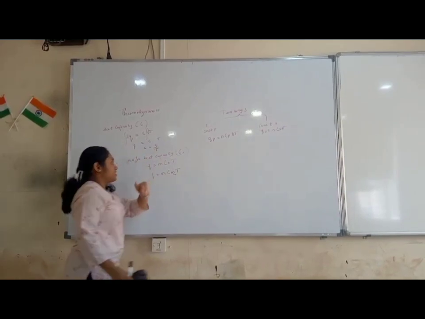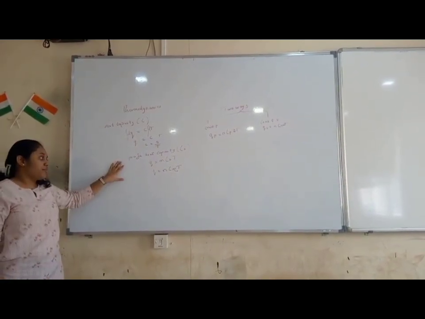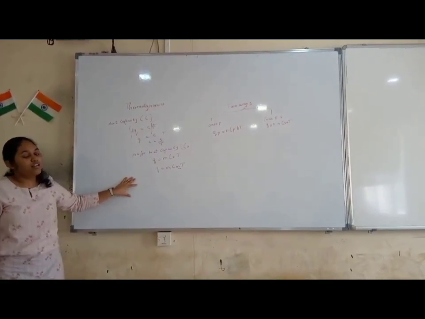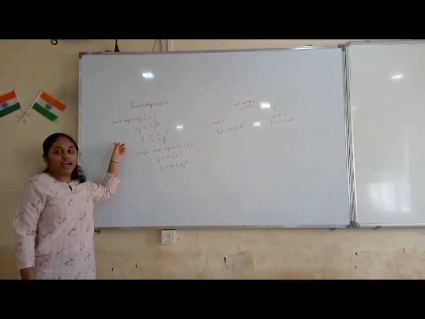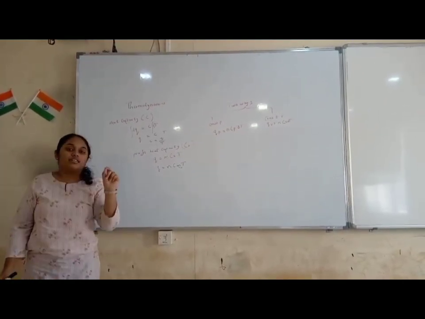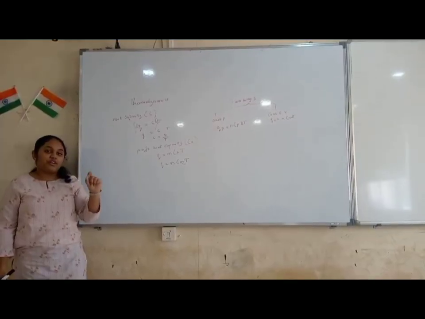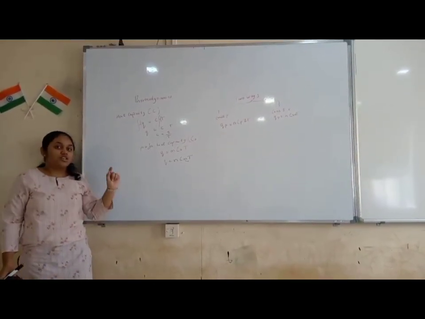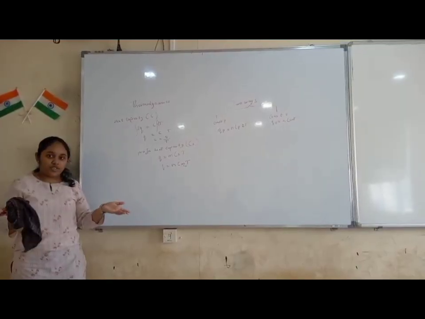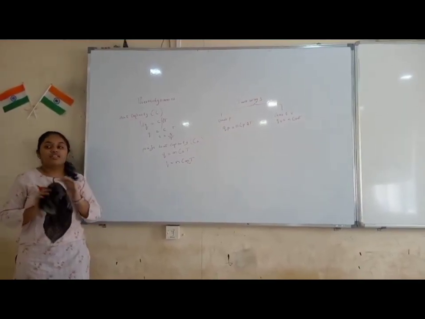One thing I forgot: specific heat capacity and molar heat capacity are intensive properties. Heat capacity is an extensive property, but molar is defined for 1 mole and specific is defined for 1 gram. So if you take a large amount of substance or a small amount, it will be the same.